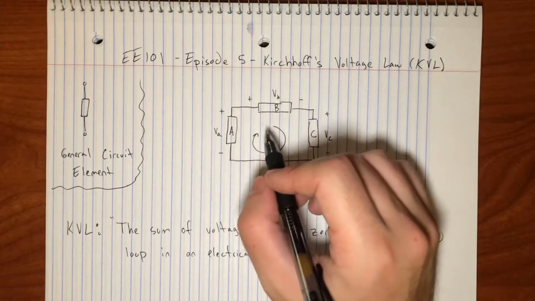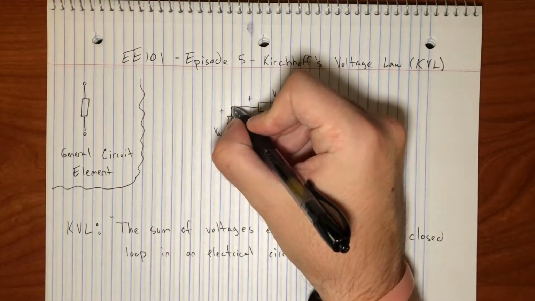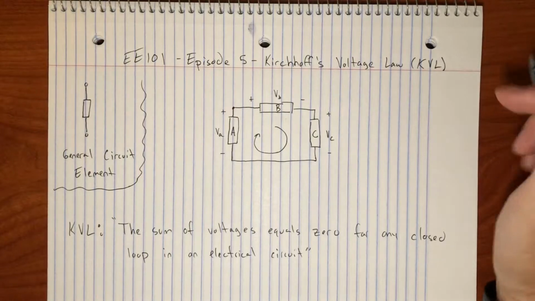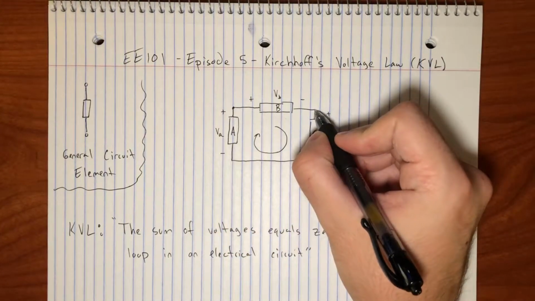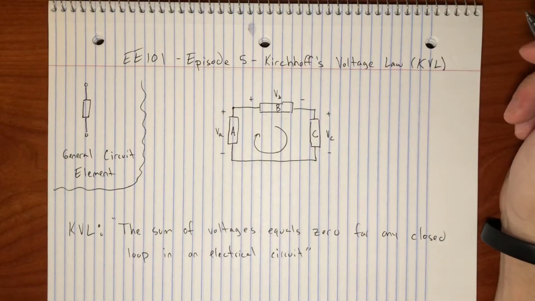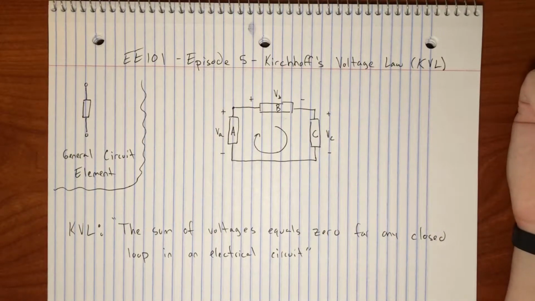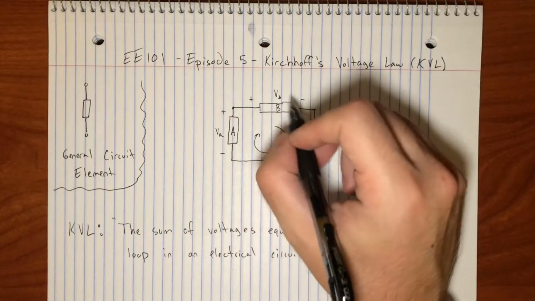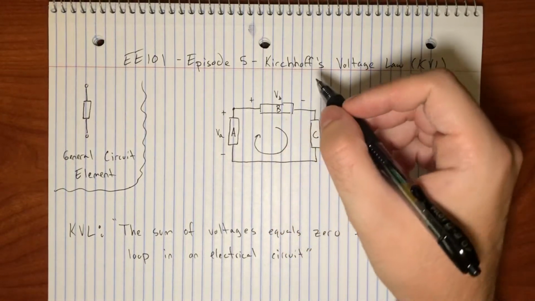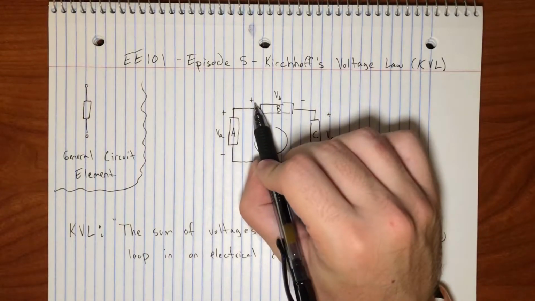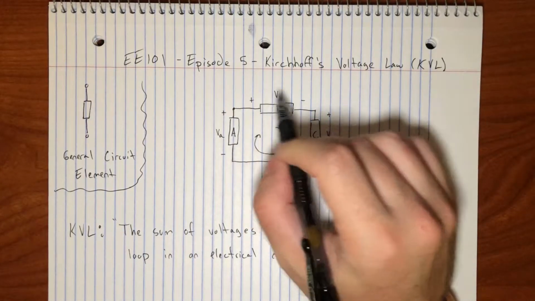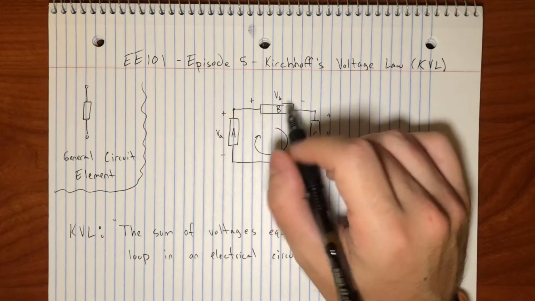So then, let's say I start here on this black dot, and I decide I'm going to move across element B towards this node over here. So the next thing you have to do is say, well, okay, given that element B has this polarity, how am I going to count that voltage? What I'm doing is moving from the positive side to the negative side of this voltage.